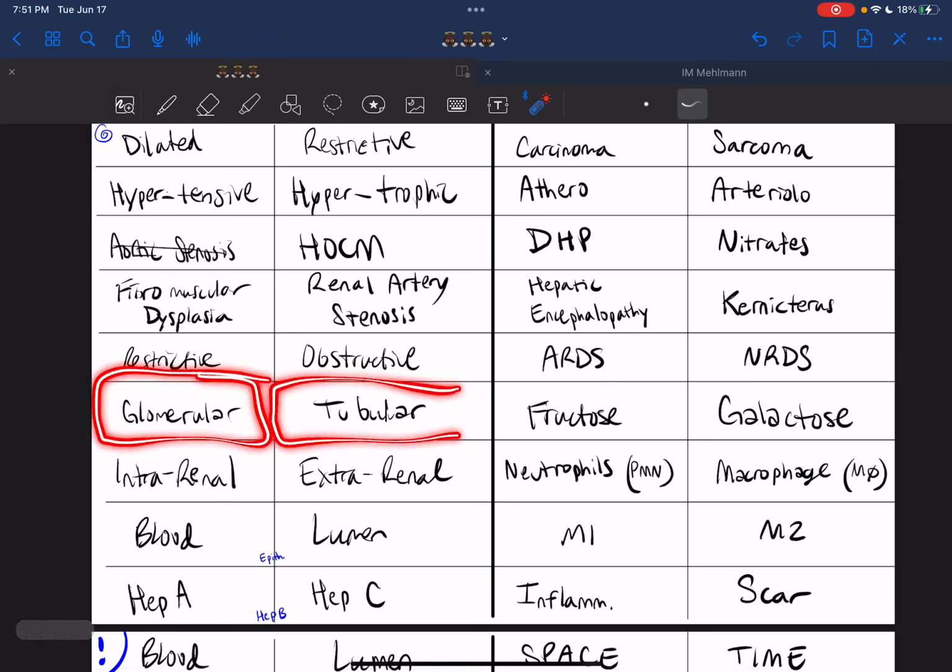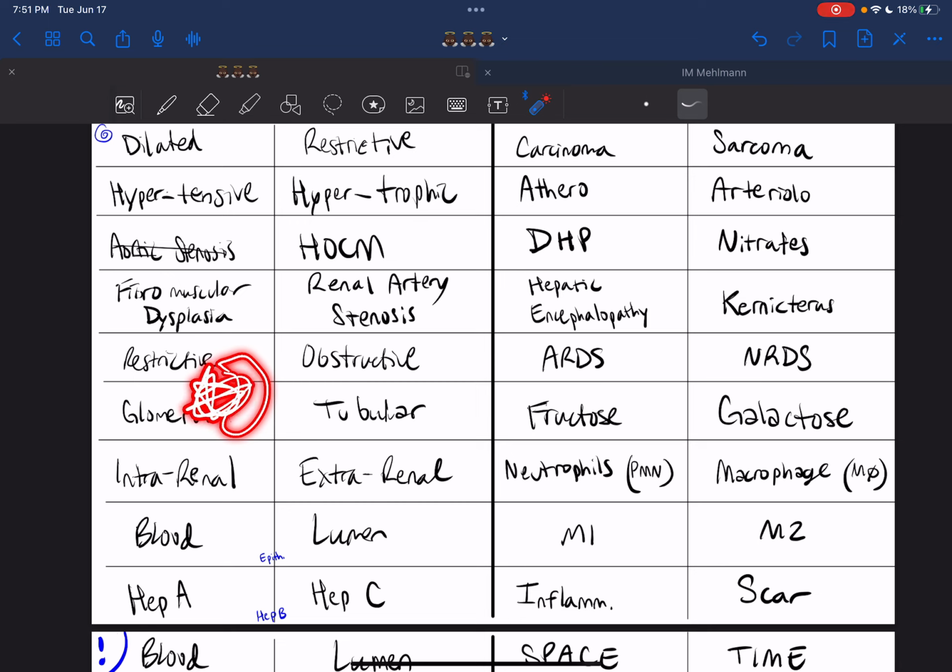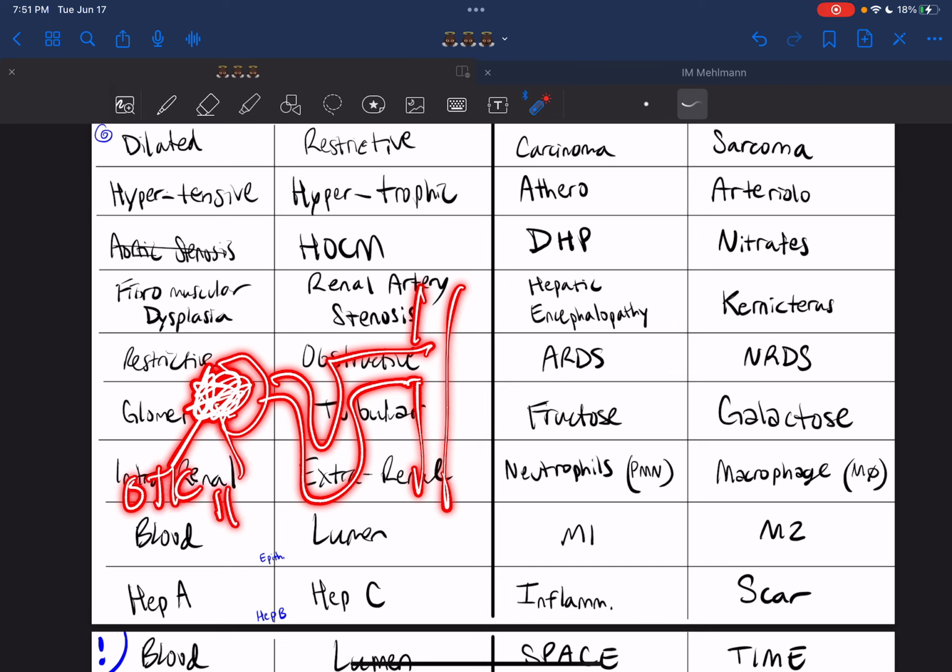Glomerular versus tubular, the two parts of the nephron. The glomerulus is here, the tubule is here, and the glomerulus is where you have the nephrotic versus nephritic diseases, whereas the tubule is where you have ATN, tubular necrosis, versus interstitial nephritis.